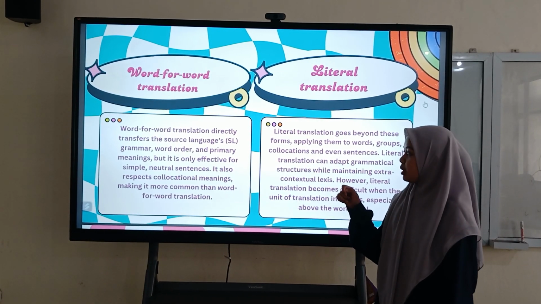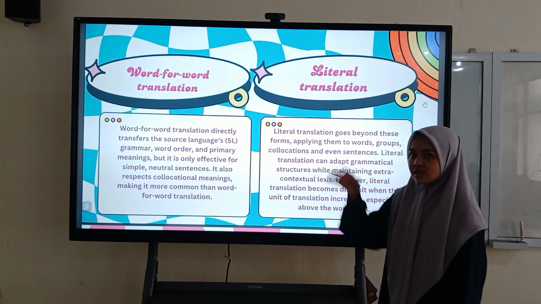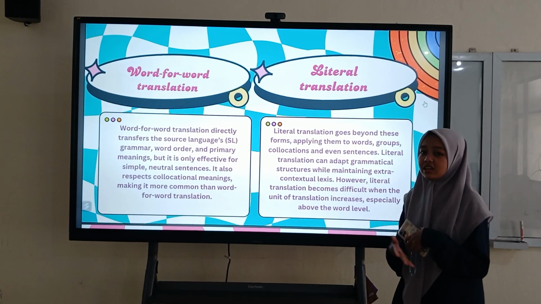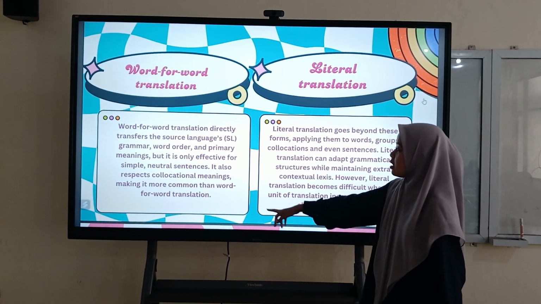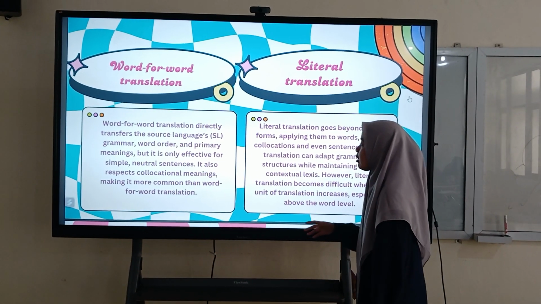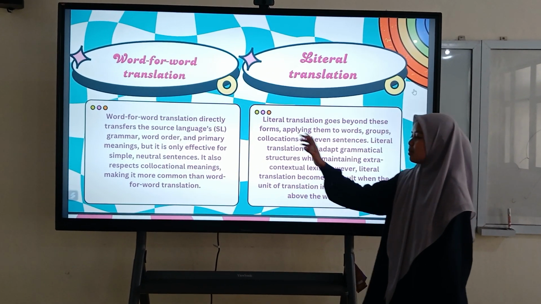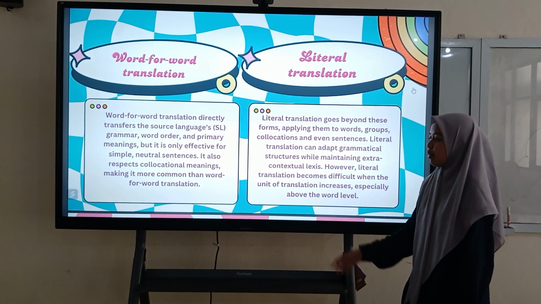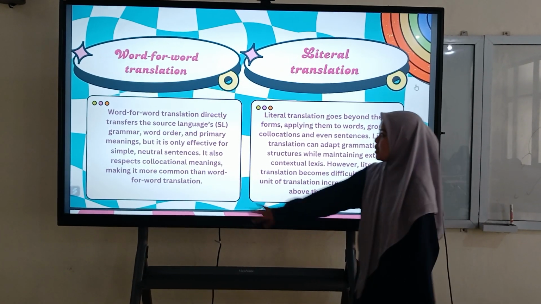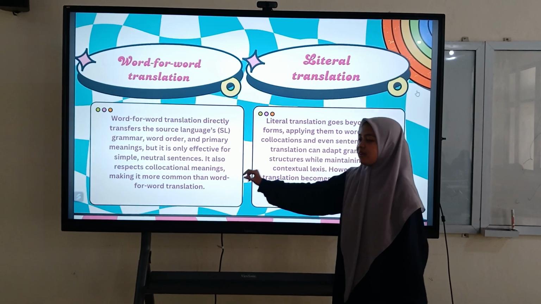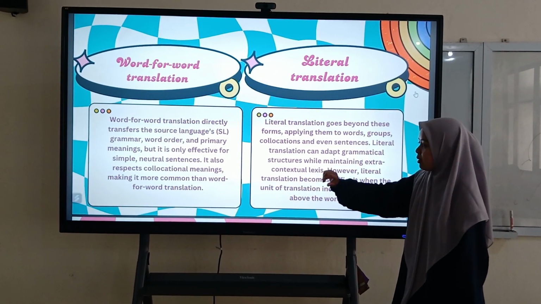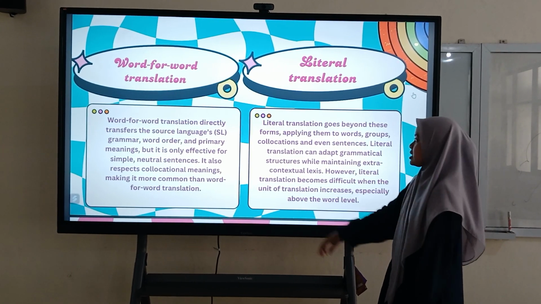It also respects collocation, meaning making it more common than word-for-word translation. So we can use this when it's a simple sentence like daily conversation.